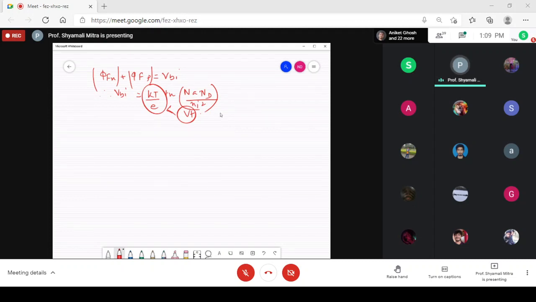What is the built-in potential barrier? 0.7542.